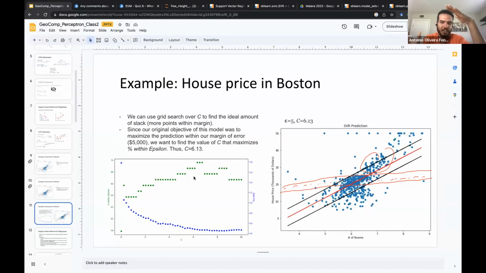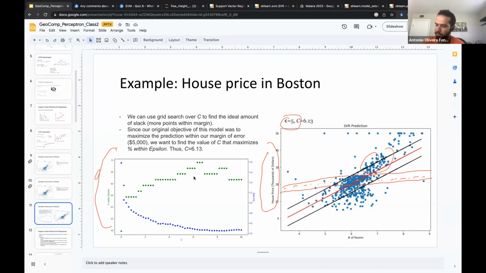So it's a little bit of work to find the correct set of parameters. That's why usually you combine that with some sort of grid search, where you say, okay, I'm willing to have this much error in my prediction. So you set the epsilon as something acceptable. For example, when predicting the house price, which was the task originally, I say, okay, if the price was like $40,000 and I make a mistake by 5,000, that's acceptable.